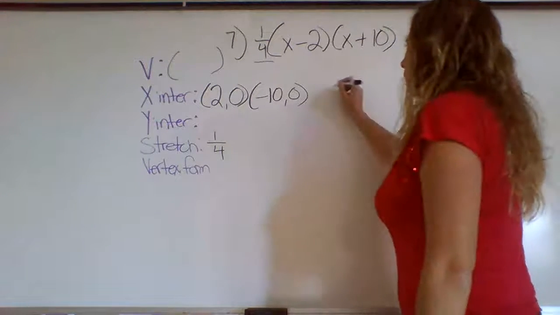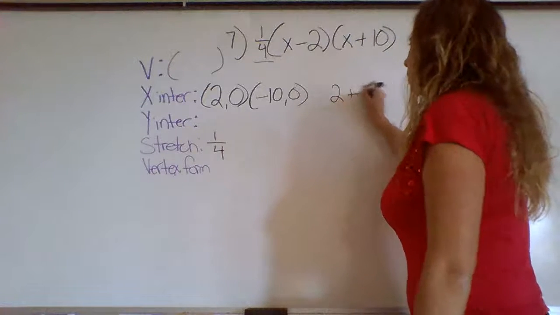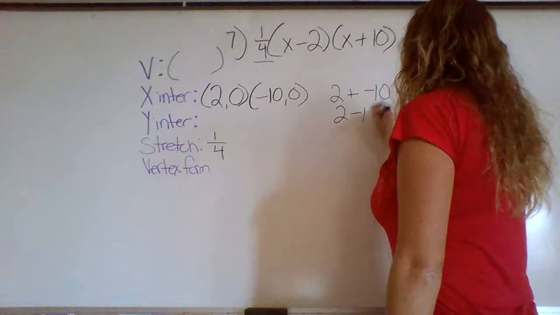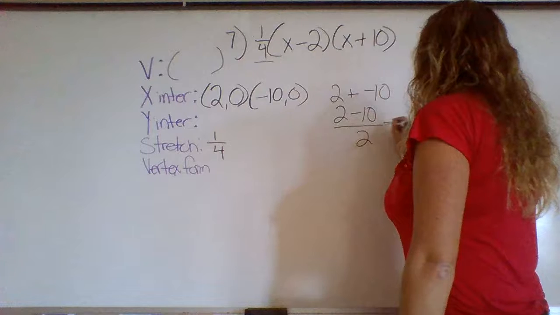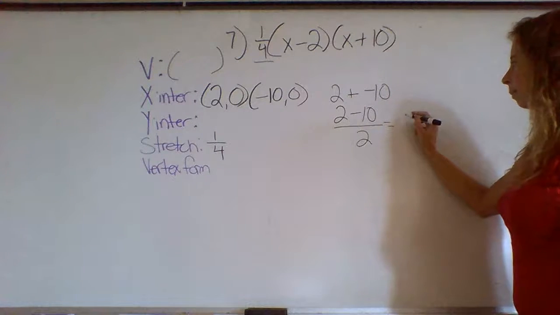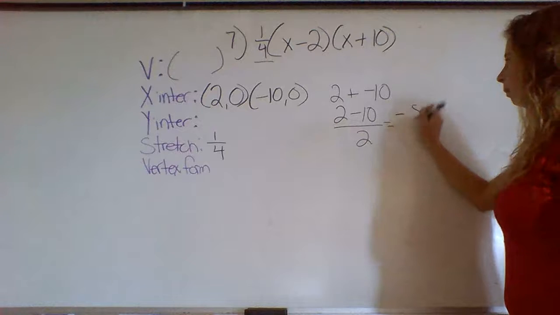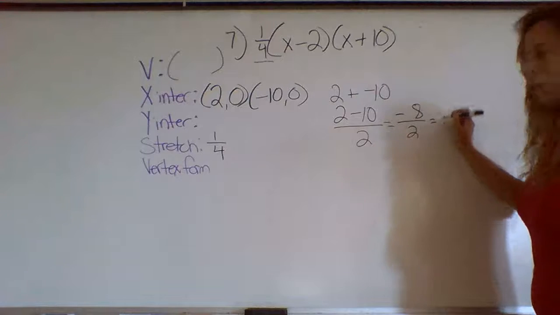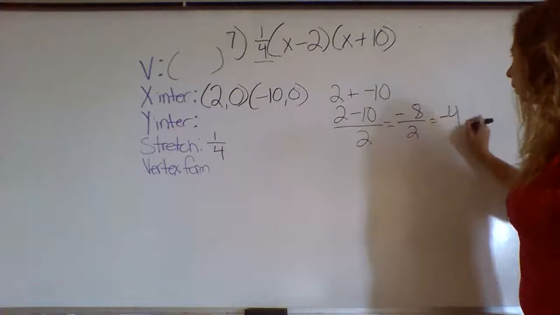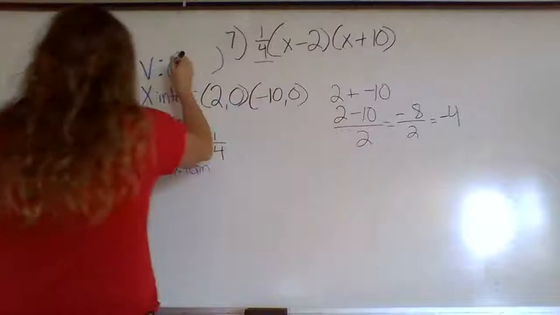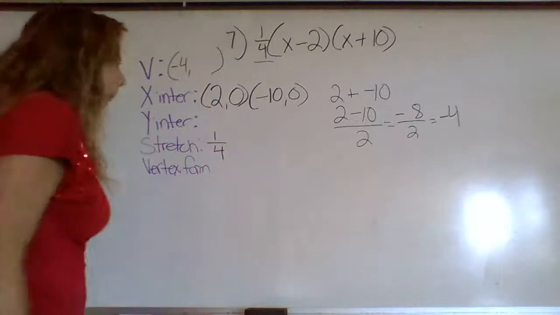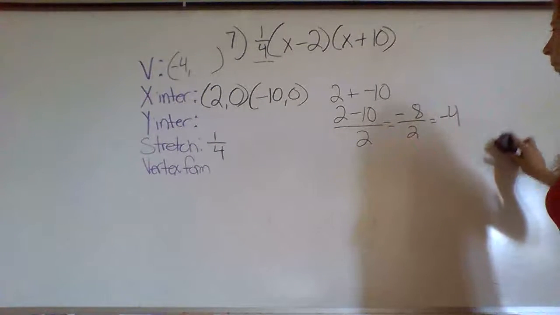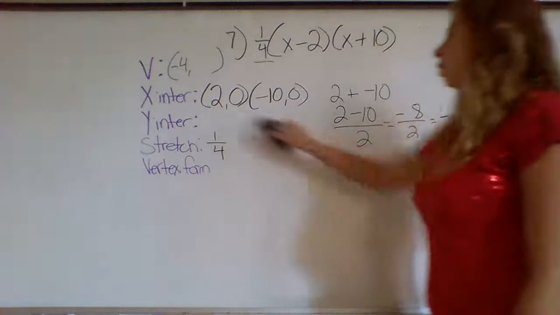I like to just add them together, 2 plus -10, which is really just 2 minus 10, divided by 2. 2 minus 10 is -8, divided by 2 is -4. So that's the x part of your vertex, -4. It's the number right in between 2 and -10.